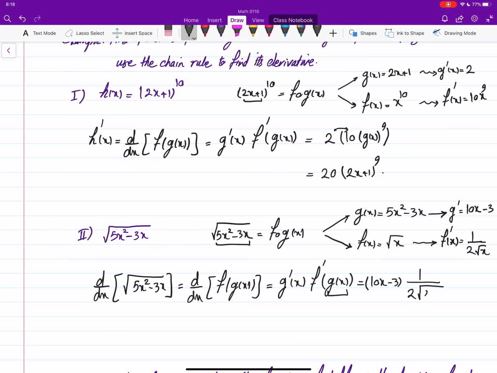You plug in g(x) for all x's. And what this gives me is 10x minus 3 in the numerator over 2 root g(x), which is 5x squared minus 3x. And that's what we have here for this function. Derivative of inner one times derivative of outer evaluated at inner one.